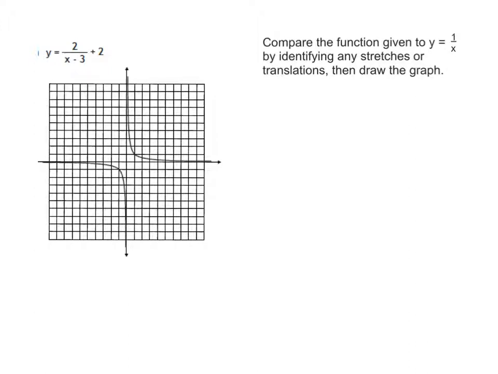So we could rewrite that. y equals 2 times, in brackets, 1 over (x minus 3), plus 2. So I just took the 2 outside of the fraction there. What are the transformations that are happening?